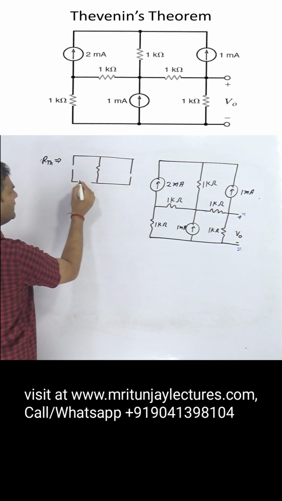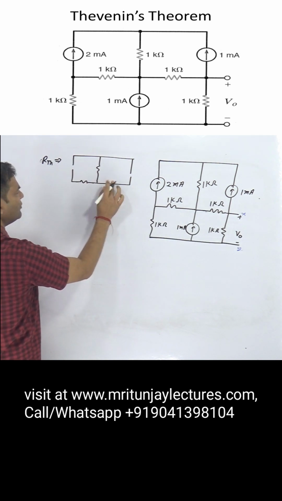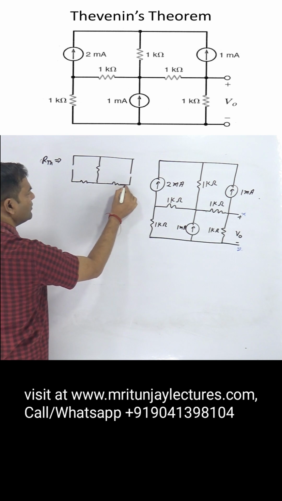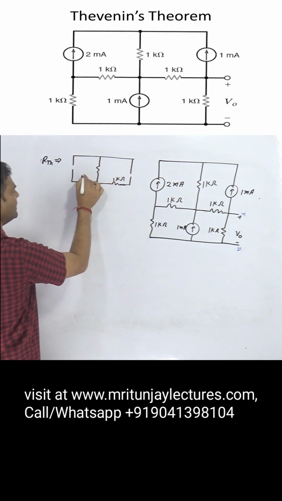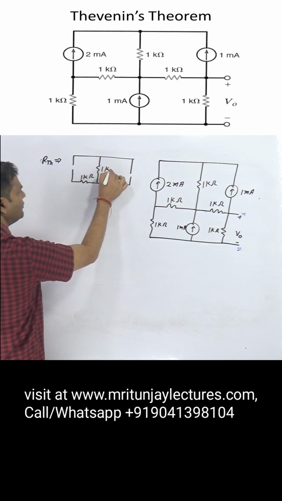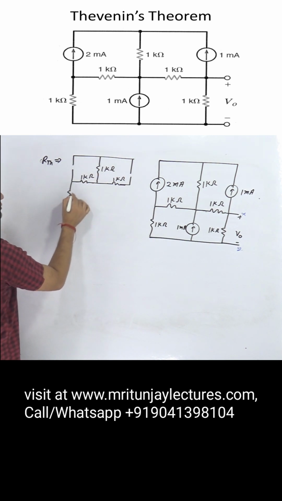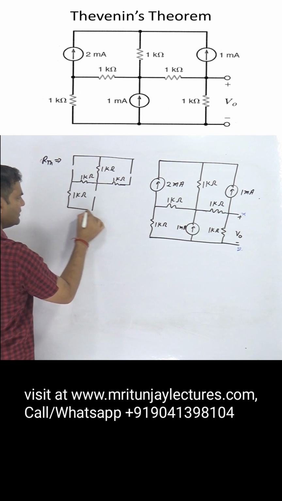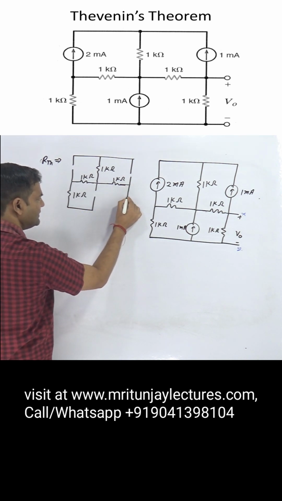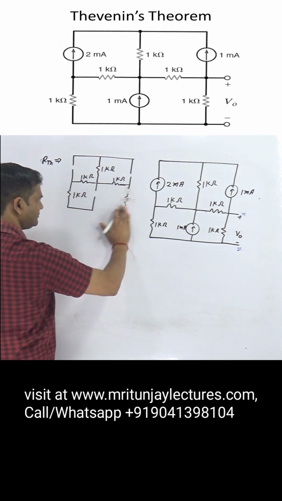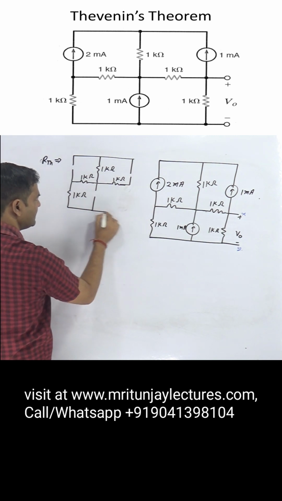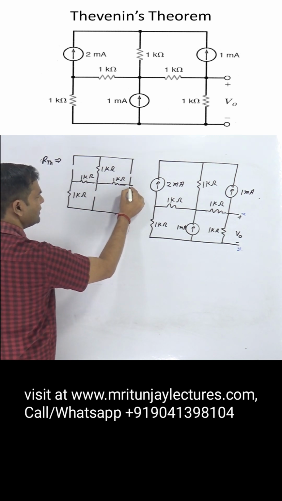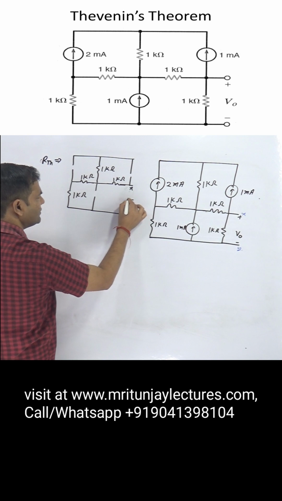Here 1 kilo ohm, here 1 kilo ohm, here 1 kilo ohm, and this is also 1 kilo ohm, and that is open circuit simply, and that is the load resistance, at x and y.